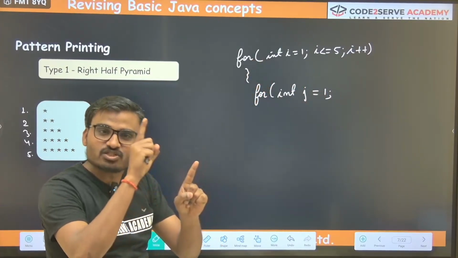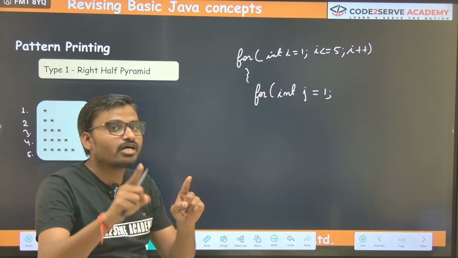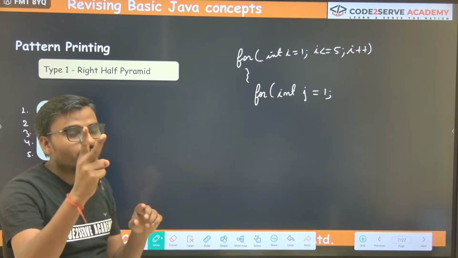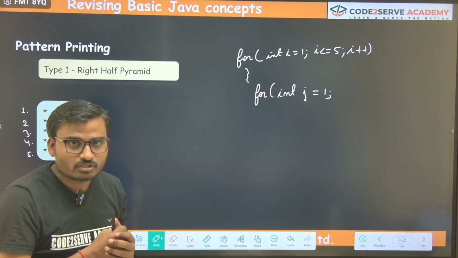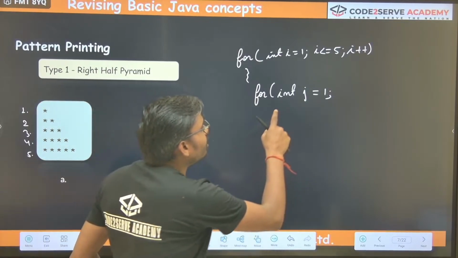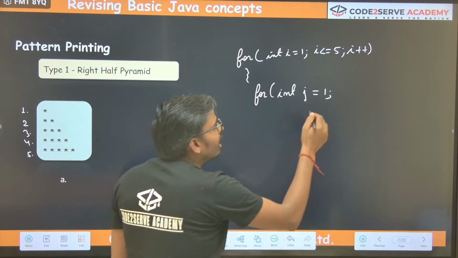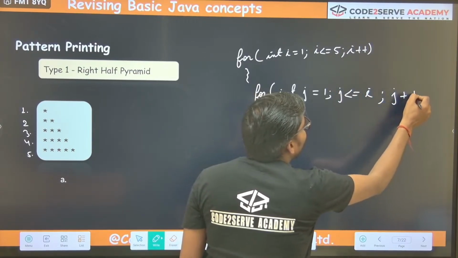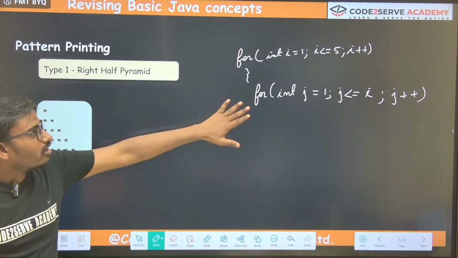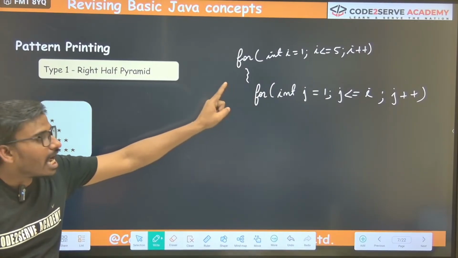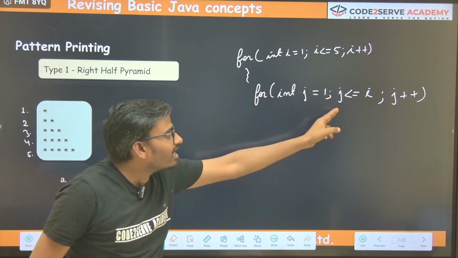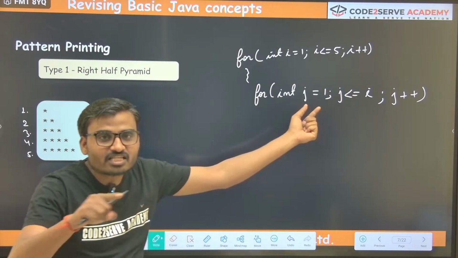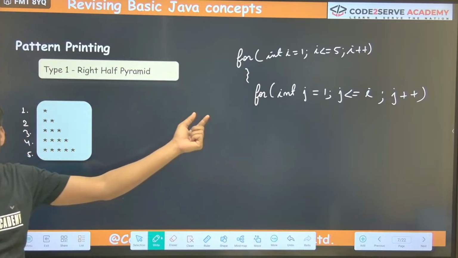When my value of I is 1, that time j should run only 1. So what can be the logic? When the I value is 2, that j loop should execute 2 times. So what you can think of, like I will start j equals to 1 and I will terminate when j is less than or equal to I, then I will terminate. Got it? So what I'm telling, I will start from 1 and I will terminate it until the value of j reaches the row number in which row I am in.